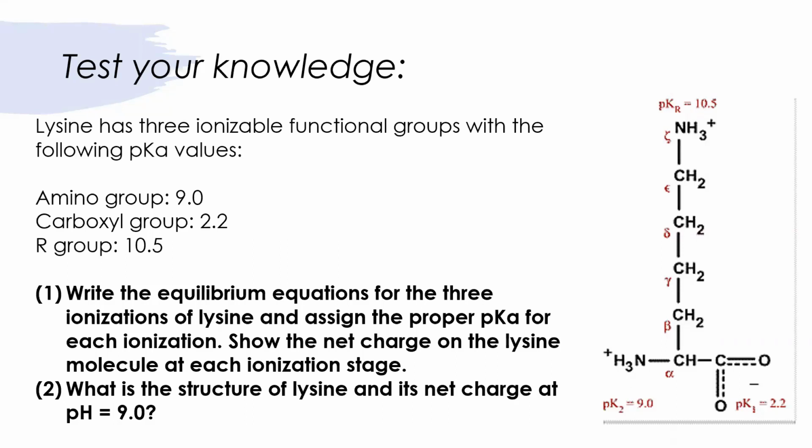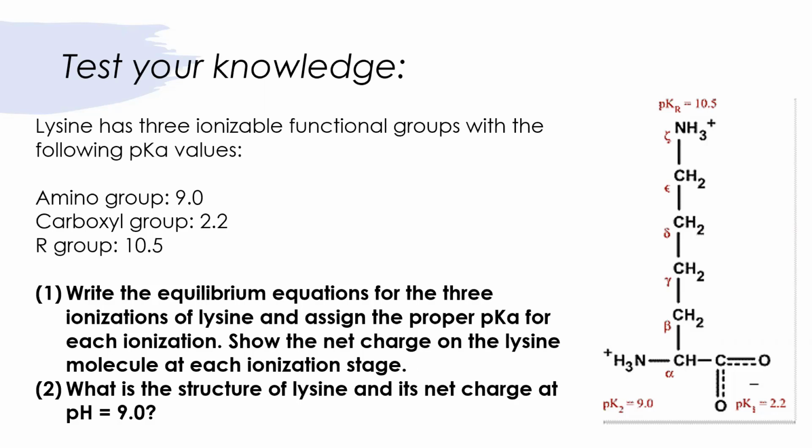The carboxyl group has a pKa of 2.2, and the R group has an amino group and therefore has a pKa of about 10.5. What I'd like you to do is to pause the video and write the equilibrium equations for the 3 ionizations of lysine.